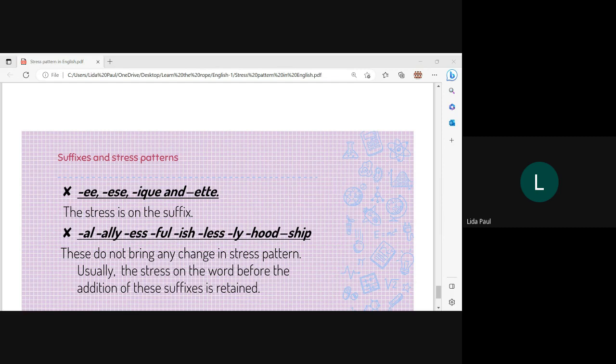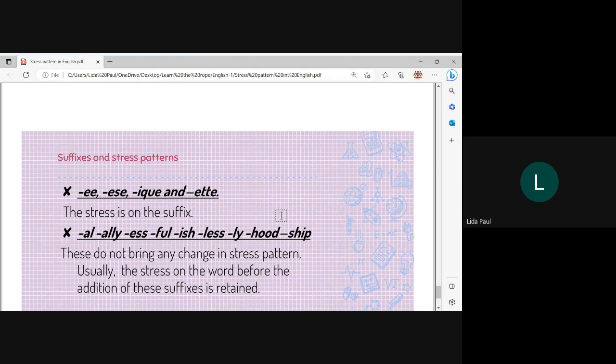All right. Now, all of these: eer, ette, and one more, esque, like picturesque, Kafkaesque. Esque also takes the stress on itself. And then the final one you have here, ally.